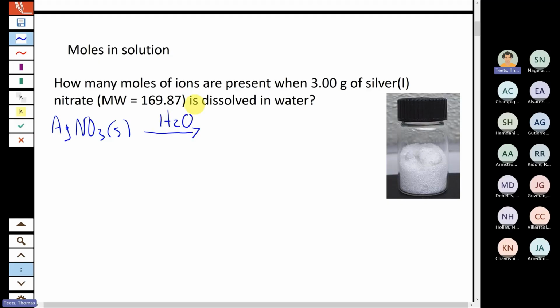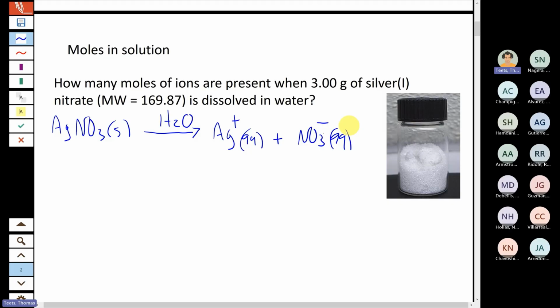And then what the solution is going to have after that substance is dissolved, again, it's going to look just like a colorless liquid. You're not going to really see anything, but what you would have in the solution is going to be the two ions separated. So silver nitrate is made up of silver plus, which is the cation, and then NO3 minus, which is the anion. And we can write it in this way, where we separate the two ions, indicate that they're both aqueous because they're both dissolved in water.